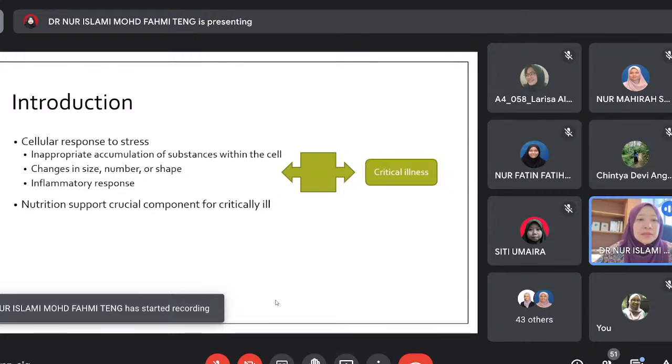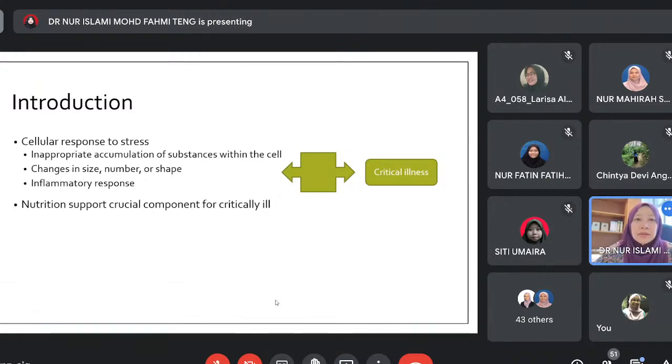Okay, so this is for introduction yeah. The introduction is about the cellular response to stress.